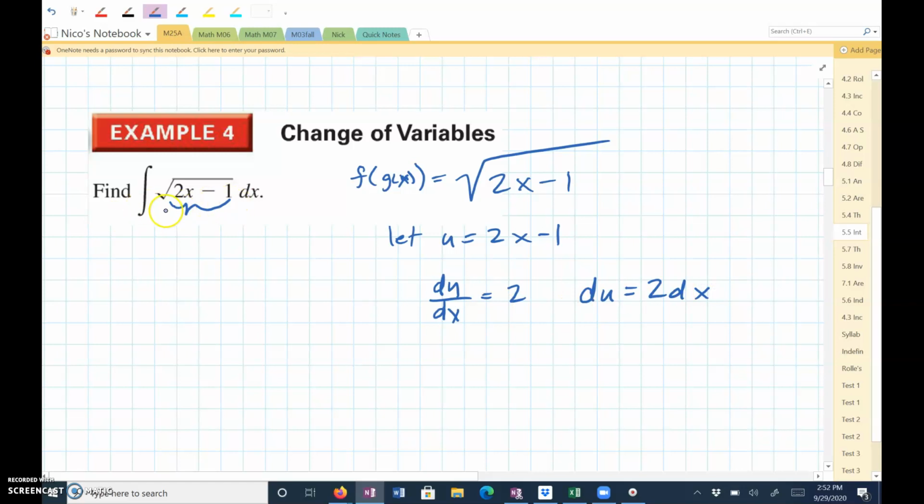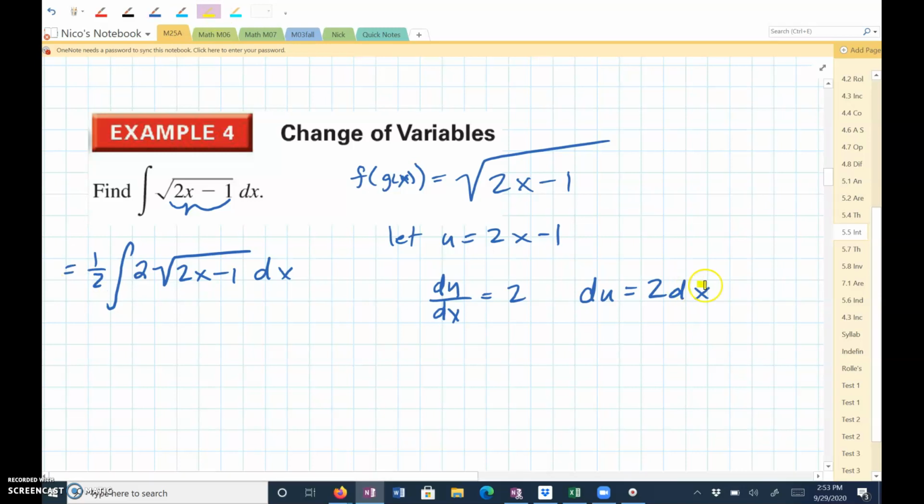I don't have 2 dx, so I'm going to put in here 2 times the square root of 2x minus 1 dx. And then I have to multiply it by 1/2 to even it out, to make it 1 again.